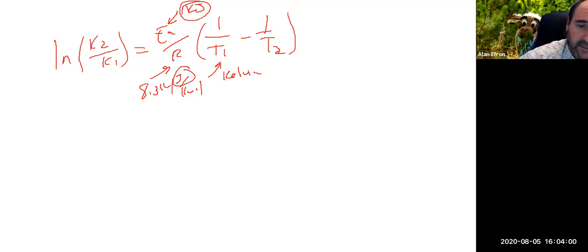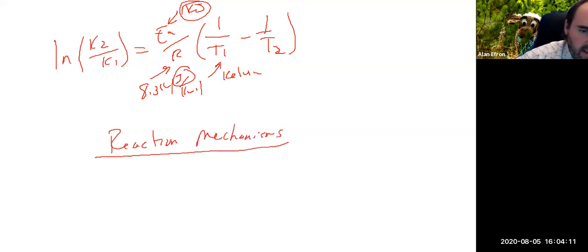So we finished up talking about mechanisms and reaction mechanisms. And reaction mechanisms are really a bunch of elementary steps that try to explain how a reaction may proceed or may take place.